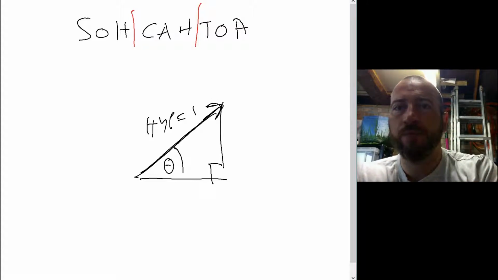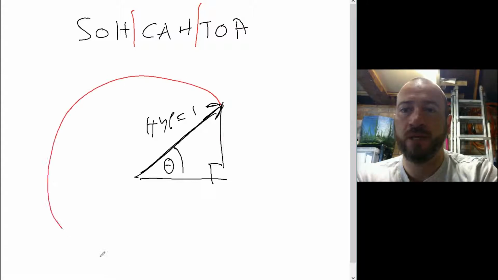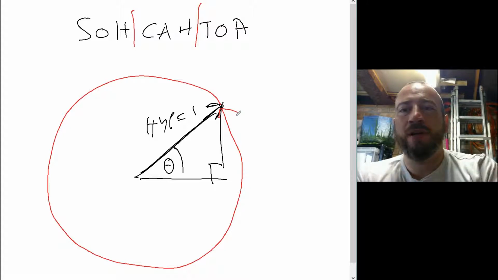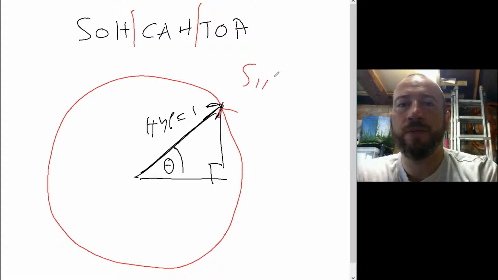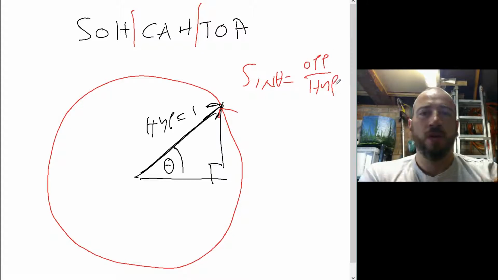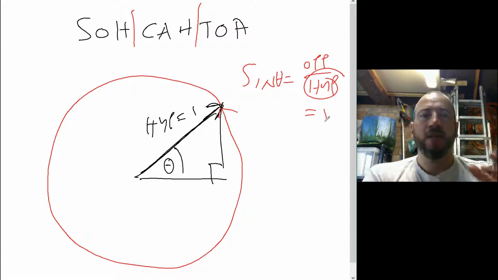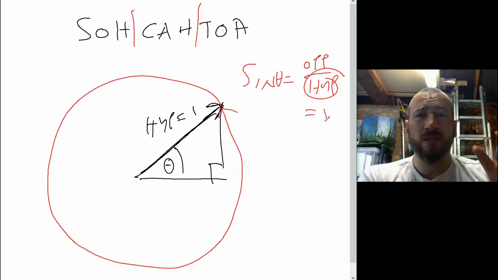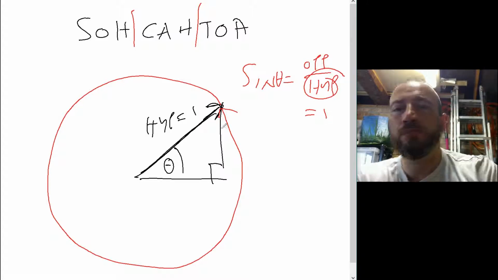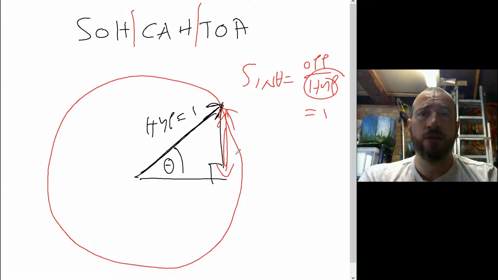So as this arm rotates like this, we can find, using sine theta equals opposite over hypotenuse, if the hypotenuse is equal to 1, then sine of the angle is always going to tell us the length of the opposite side. This bit. At any position in this unit circle.